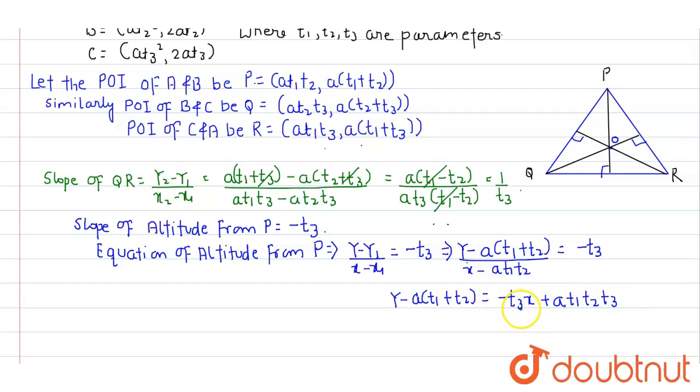Now t3x, bring to the left hand side, you will get y plus t3x is equal to a times t1 plus t2, plus a t1 t2 t3. So this is our equation 1. Let's call it equation 1.